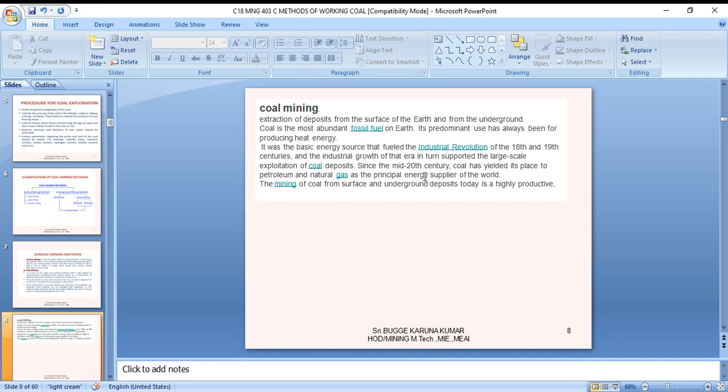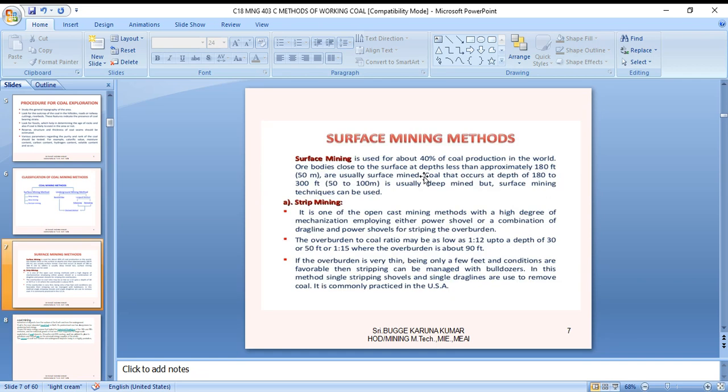It was the basic energy source that fueled the industrial revolution of the 18th and 19th centuries, and the industrial growth of that era in turn supported the large scale exploitation of coal deposits. Since the mid 20th century, coal has yielded its place to petroleum and natural gas as the principal energy supply of the world. The mining of coal from surface and underground deposits today is highly productive.